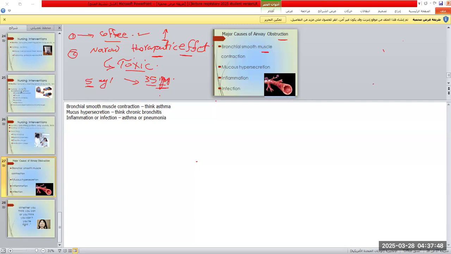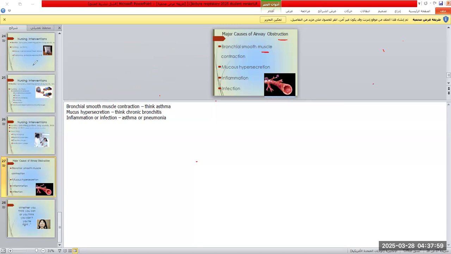Let me repeat. The first side effect is the narrow therapeutic range. The second is that it's found in coffee, which may make it worse. If you give it to a patient, just advise them not to drink coffee.